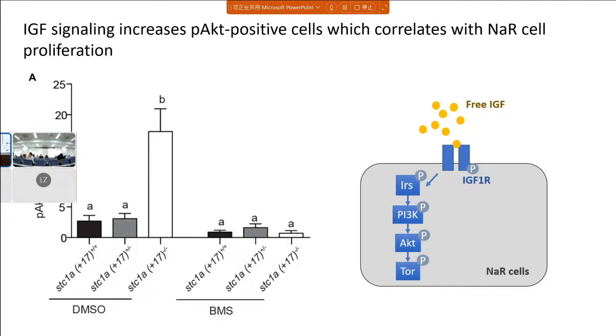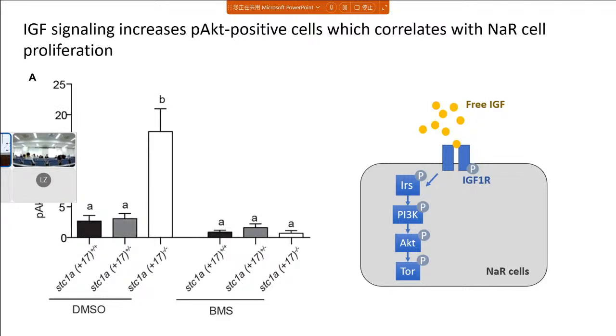As known, there are several components throughout the IGF signaling pathway. After the IGF binds to the receptor, it activates IGF-1 receptor-mediated PI3 kinase AKT TOR signaling. It's a very long name, so I will just call it IGF signaling. In STC1A homozygous mutant fish, the number of phosphorylated AKT positive cells increases.